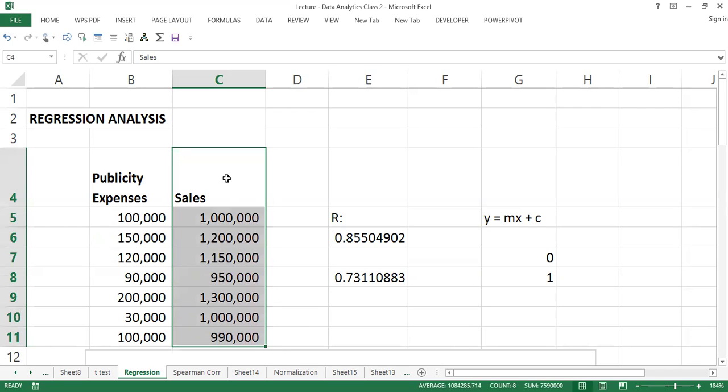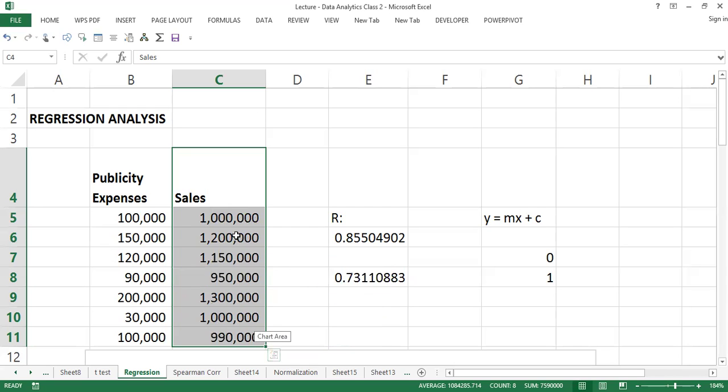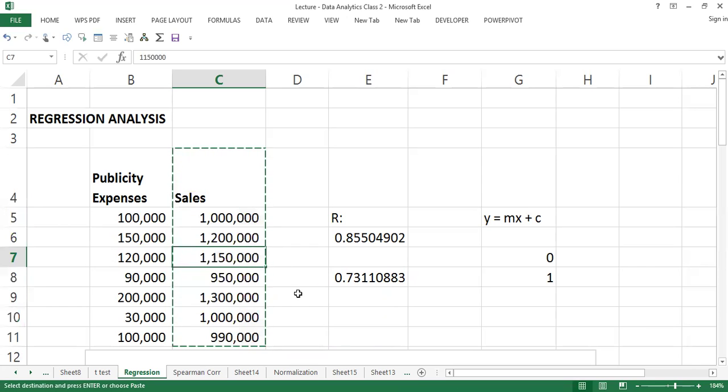You try to discover the trend, and based on that trend, you make forecasts, make projections. That's what happens when you are working with moving average, weighted moving average, and exponential smoothing.